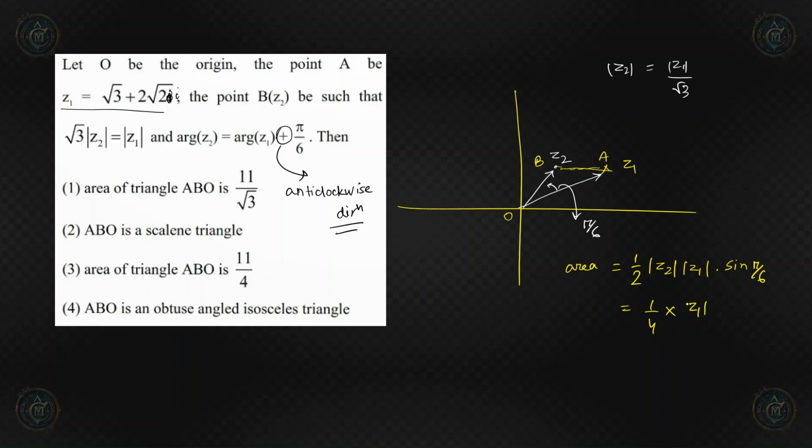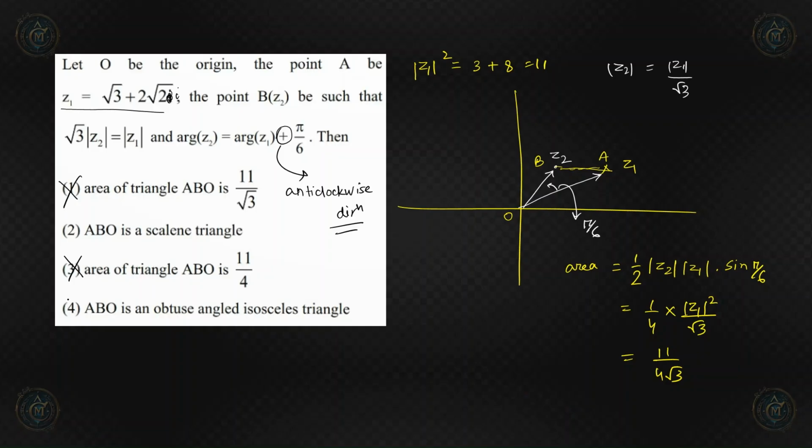That means mod of z1 square divided by root 3. Mod of z1 square will be 3 plus 8, 11. That means this becomes 11 divided by 4 root 3. So option 1 and 3, none of them are correct. So we have to check option 2 and option 4.